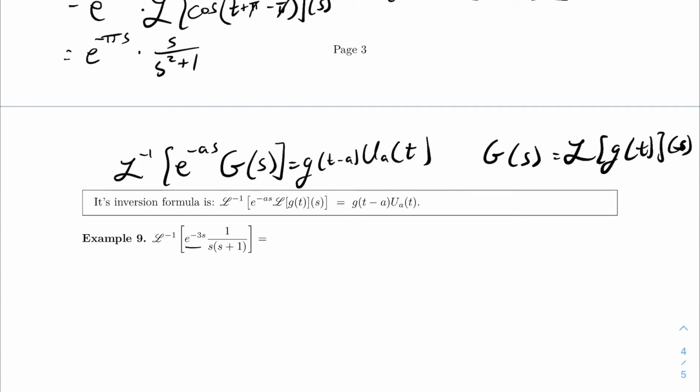So the inverse Laplace of e to the negative 3s times 1 over s times (s plus 1). All right, so here we have e to the negative as times something, right? So what's going on here? This is taking the place of our G of s. So this is equal to little g of t minus a, and a is 3 here.